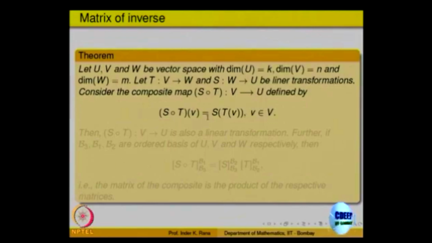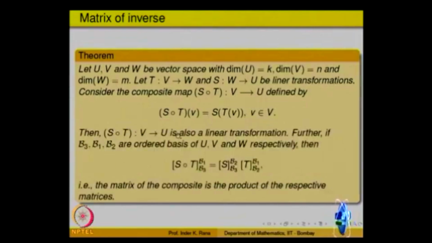This is a map from V to U, right, from the first to the last one. The claim is that this is again a linear transformation. The composite of linear transformations is again a linear transformation.